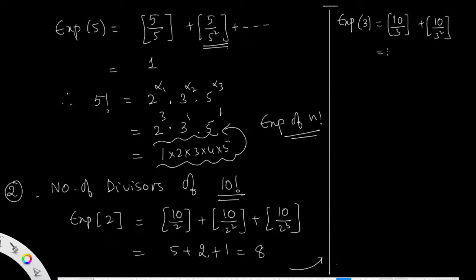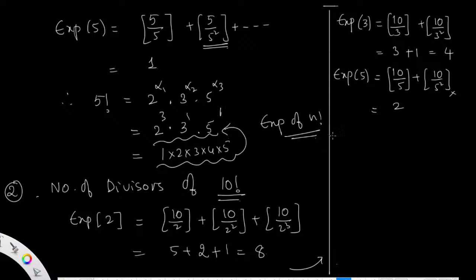So 10 by 3 is 3 point something, the floor means 3. 10 by 9 is 1 point something, that is 1. 3 plus 1 is 4. And then the exponent of the prime factor 5: how many factors will come? That is floor of 10 by 5, and then floor of 10 by 5 squared is more than the value, so you should not take it. This is only 2.